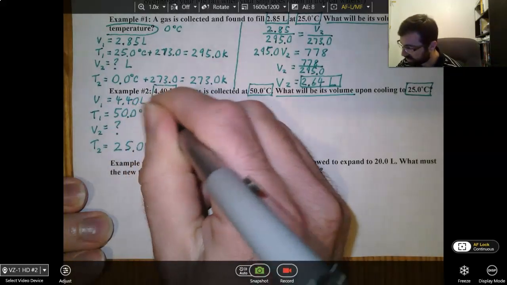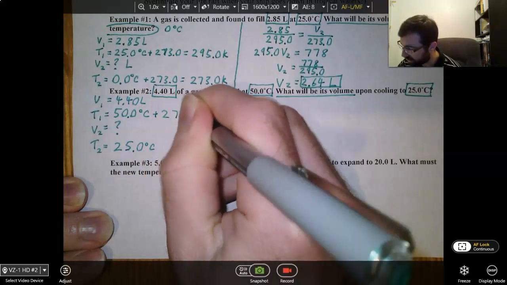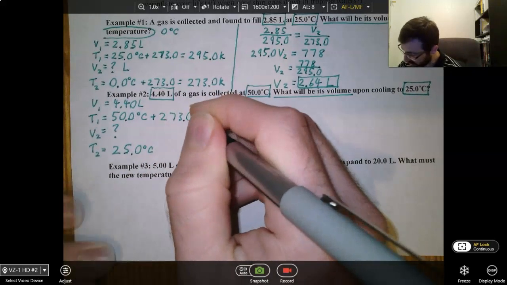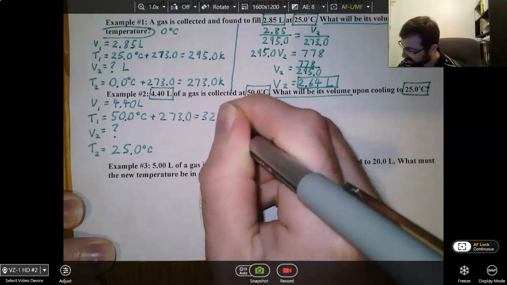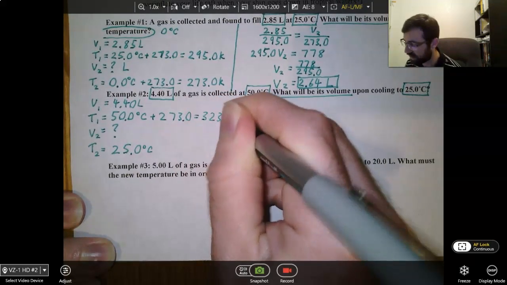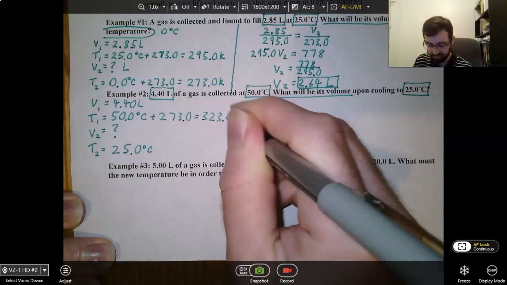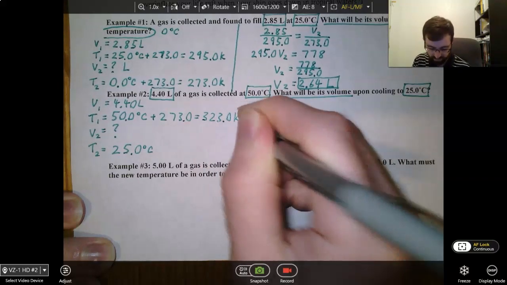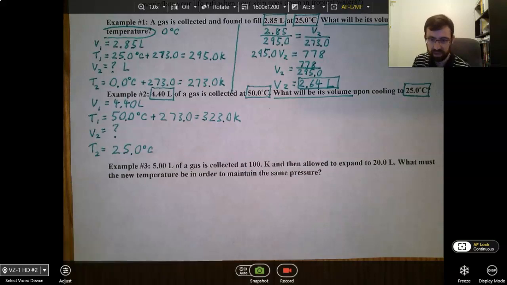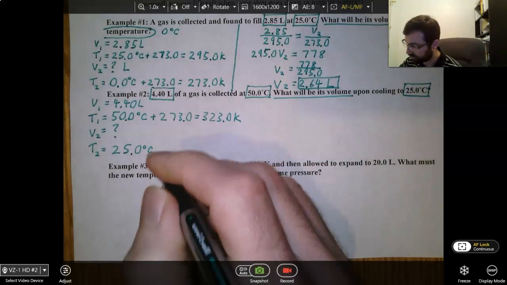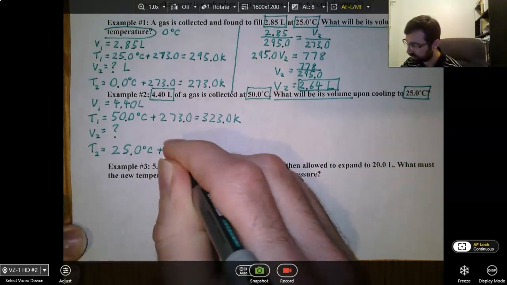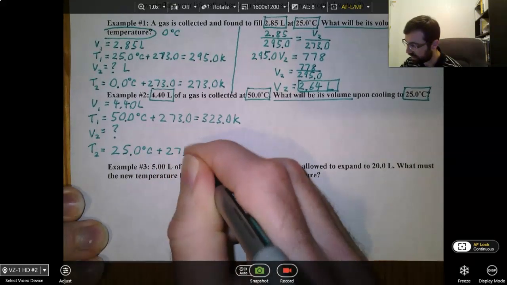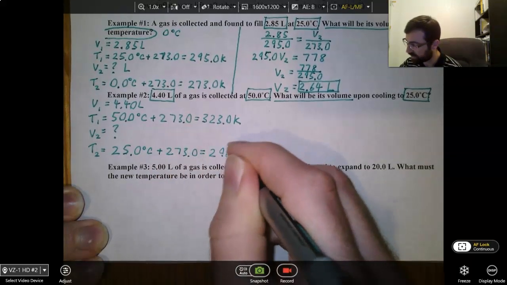So let's add 273.0. We get 323, and that's because I need to convert it to Kelvin. Then we have 25 plus 273 gives you 298.0 Kelvin.